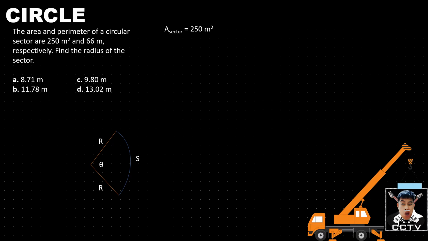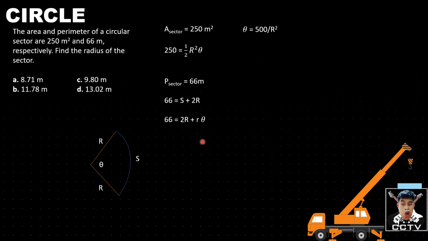Area of the sector is 250. And the perimeter of the sector is 66, which is 2r plus the length of arc. And you all know that the length of arc is r theta.